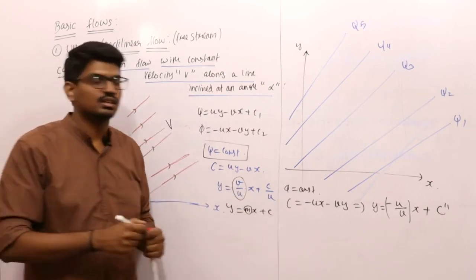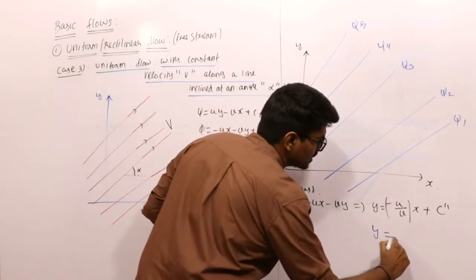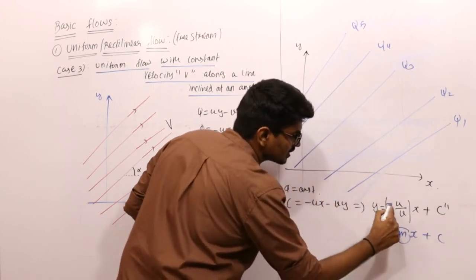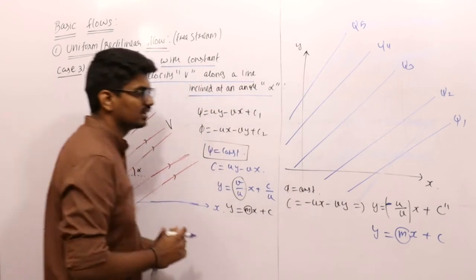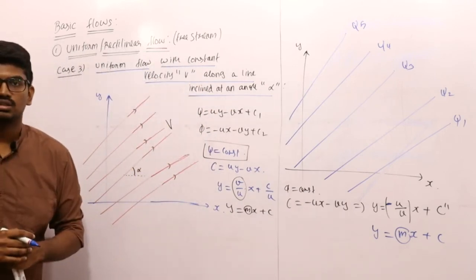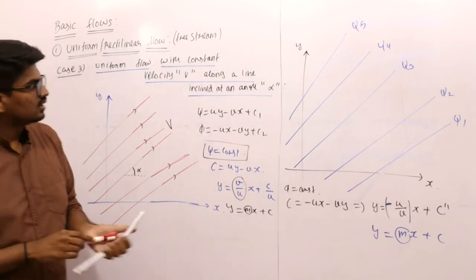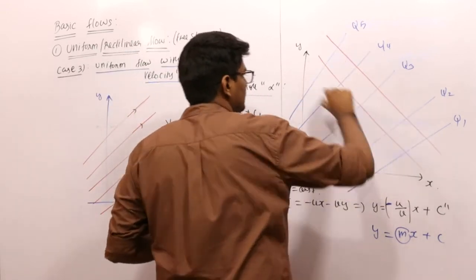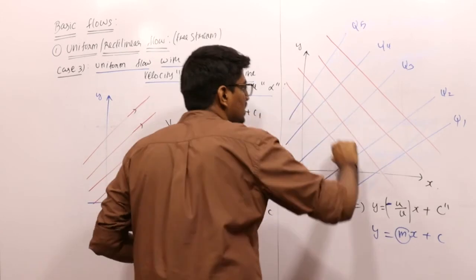Now check it again. This is similar to y is equal to mx plus c, where the slope is negative, minus of u by v. So negative slope. So my equipotential line will look in this direction.